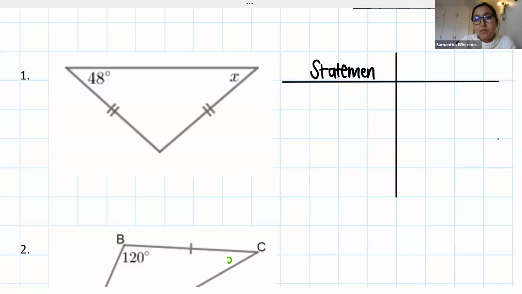Remember to give your statement and your reason. Let me spell reason there for a second. And then we'll have a look and see if we agree with answers. So I want you to try question 1 for me. Let's see what values we get for x.